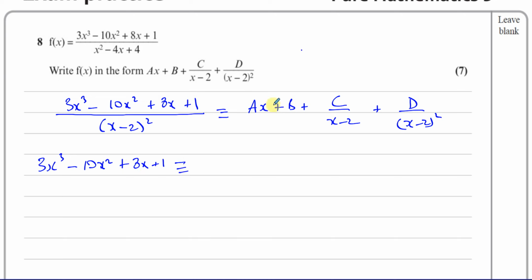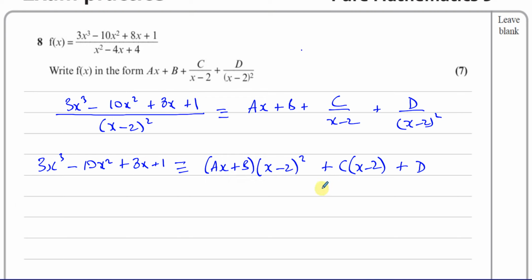And here I'm going to make this into one bracket, times x minus 2 squared, plus, if you multiply x minus 2 squared with this, one of the x minus 2's will cancel out, so I'll have c times x minus 2. If I multiply x minus 2 squared with this, it's just going to become d, because x minus 2 squared will cancel out top and bottom.